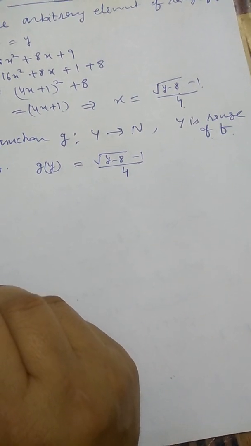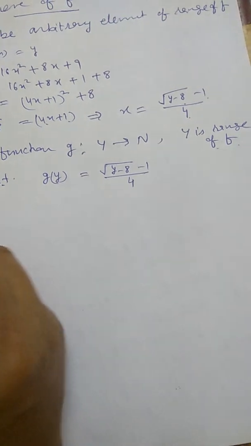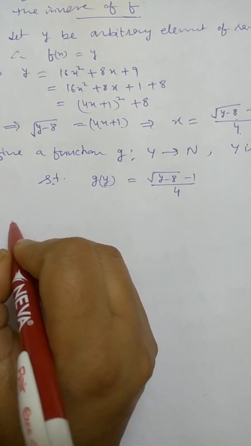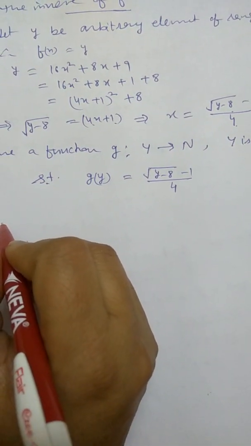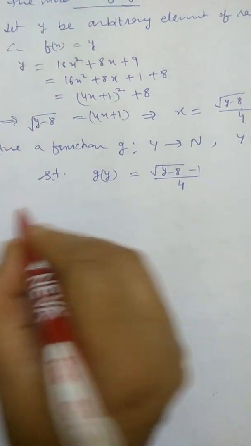Is it clear? Now we will use the second definition of an invertible function, by f of g and g of f.